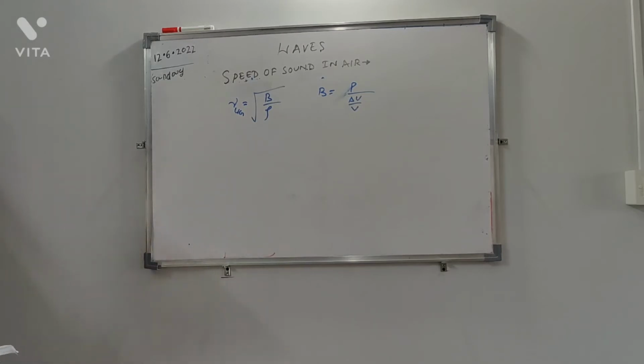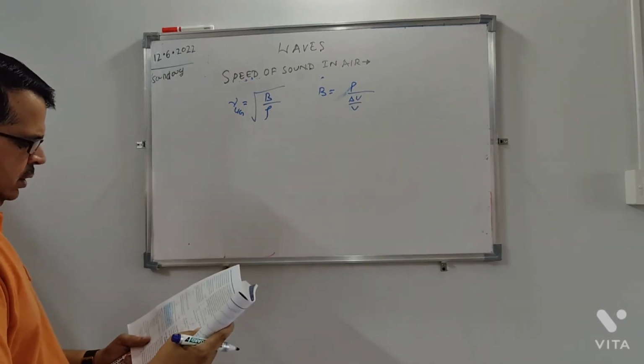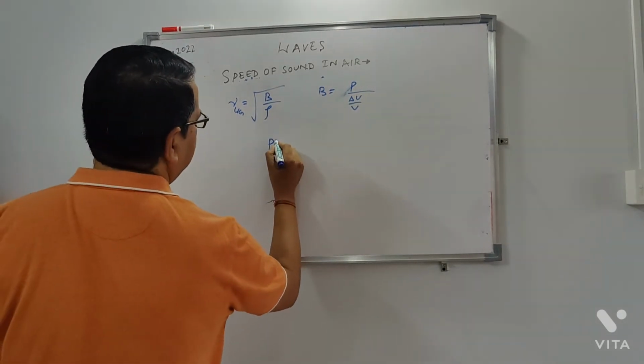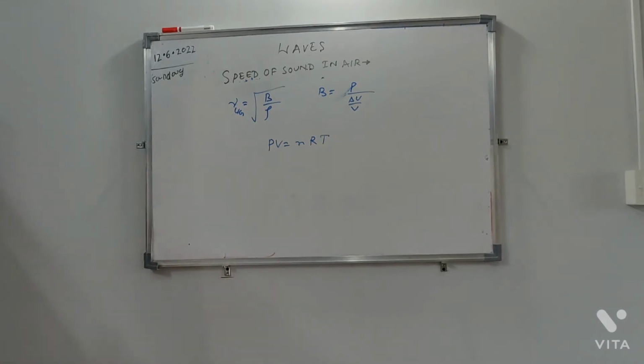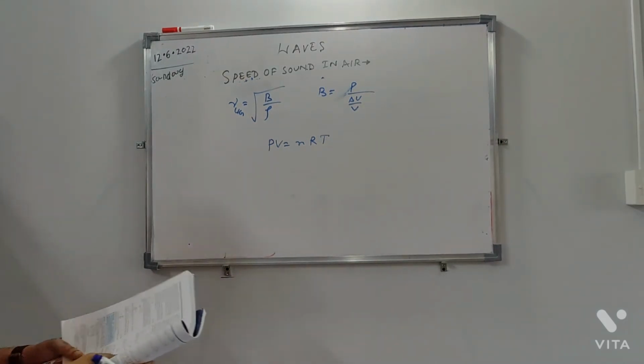Normally it is assumed that when sound is traveling, the process is an isothermal process. So for an isothermal process, PV is equal to nRT. This is my equation. Here n is the number of moles.